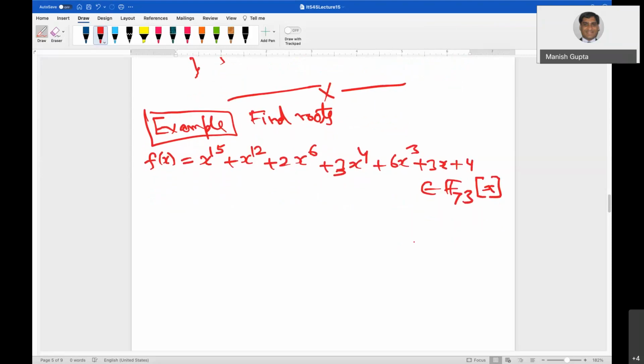That means we want to factor this into linear factors as well as irreducible factors. That's what we need to do.